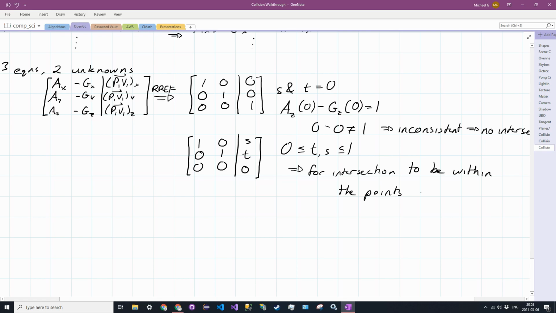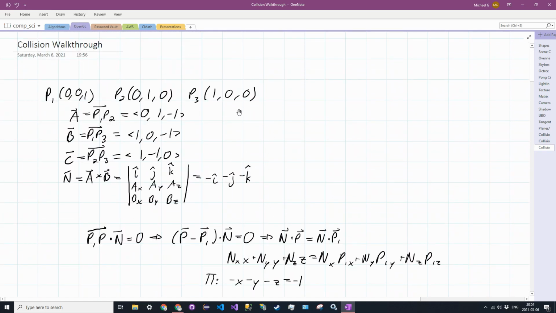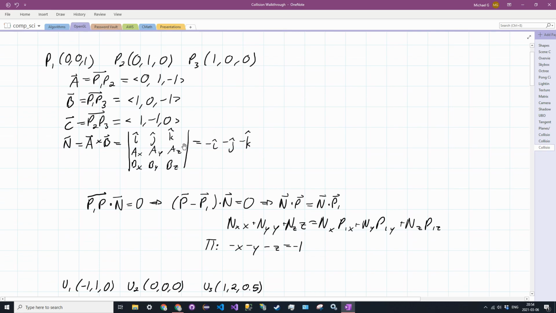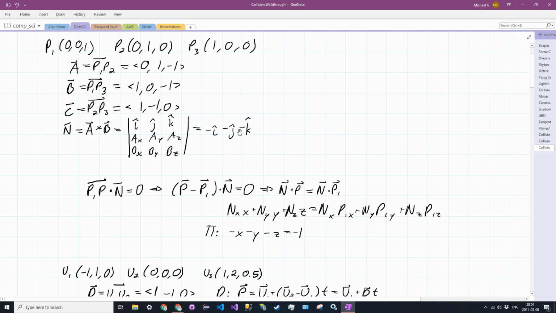All right, good. So let's do a quick recap. We'll start at the top here. For 3 points, P1, P2, P3, we get the vectors that connect them. We get the normal vector using the cross product, which defines our plane that holds all 3 points.